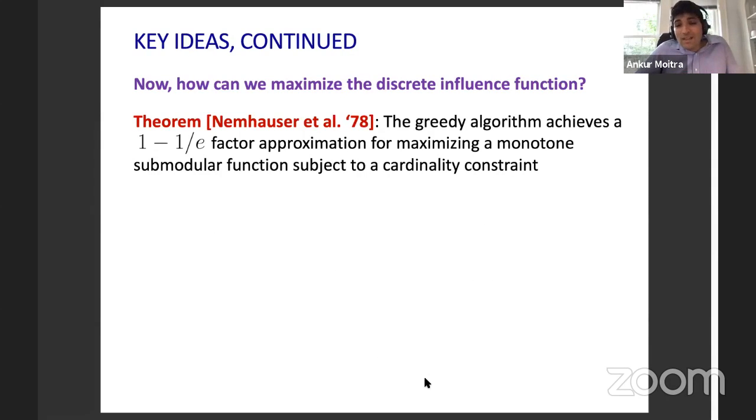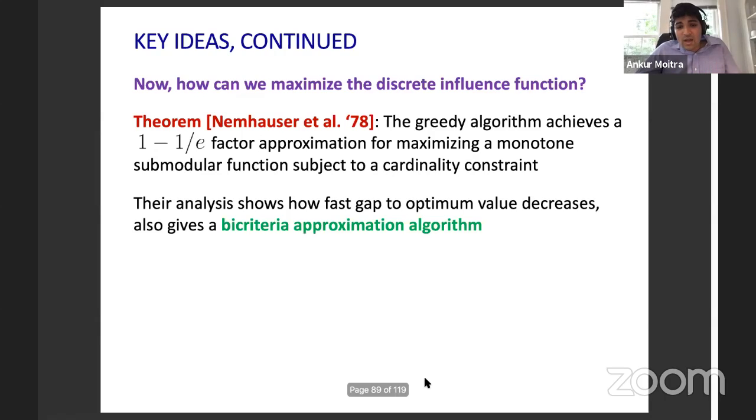This turns out to be related to things like the greedy algorithm in classic approximation algorithms for trying to maximize a monotone submodular function subject to a cardinality constraint, where I'm looking for a set S that isn't too large, because I don't want to just take all the neighbors, all the things that are in the observed nodes. But it turns out that there are bi-criteria extensions to this, where instead you go past the bound on the size of your set, so that you actually get close to the maximum of the discrete influence function.